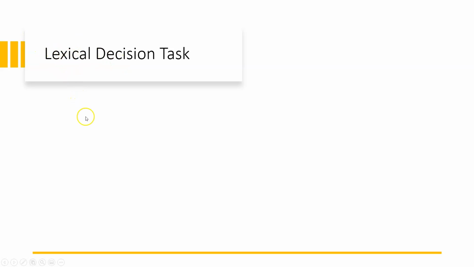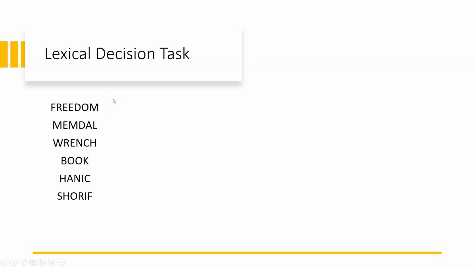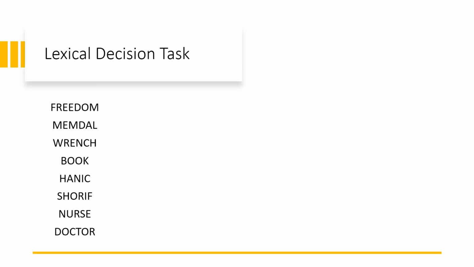So the participant would see flashed on the screen a series of words like this: freedom, memdoll, wrench, book, Hannock, shorif, nurse, doctor. And of course, I'm showing you these in a list form because it's easier, but really what's going on in this task is that they're seeing the words one at a time, just one at a time on the screen: freedom, memdoll, wrench, etc.